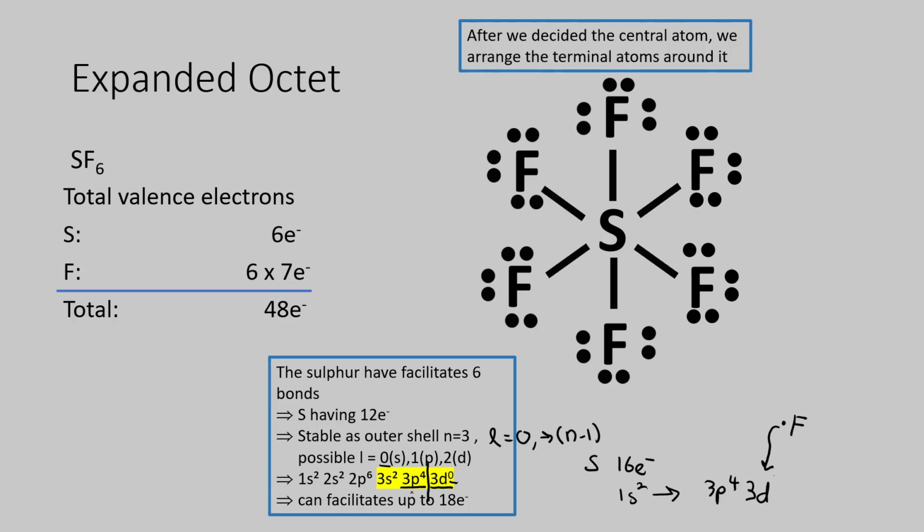Okay, expanded octet, bromine and phosphorus kan? So sulfur, bromine and phosphorus, this element can have up to 18 elektron. Sebab kalau kita tengok dalam 3 subshell 3 ni, kita can have ada 2 dekat S, 6 dekat P and 10 dekat D. So total up to 18 elektron.